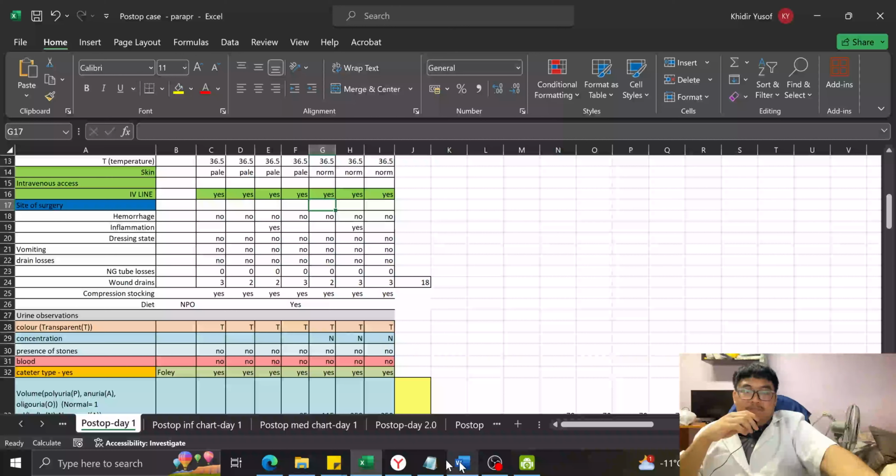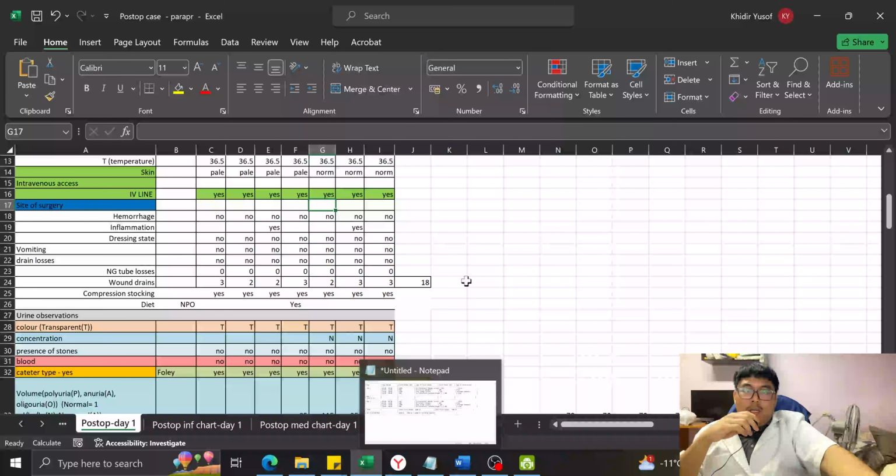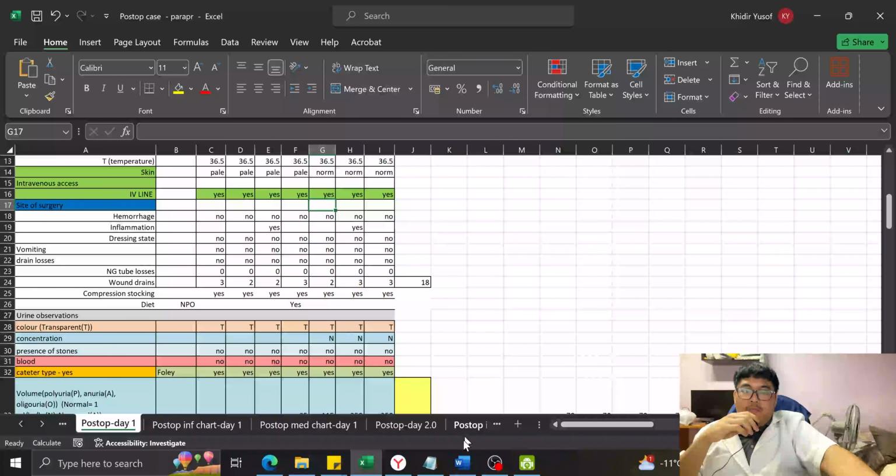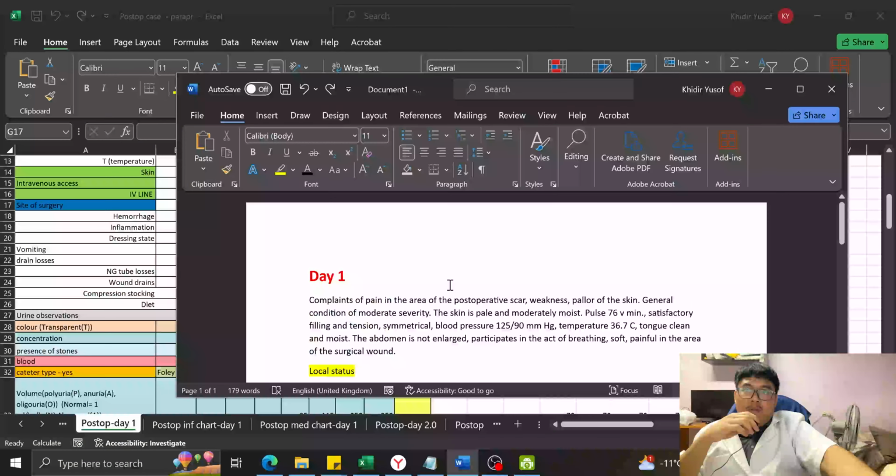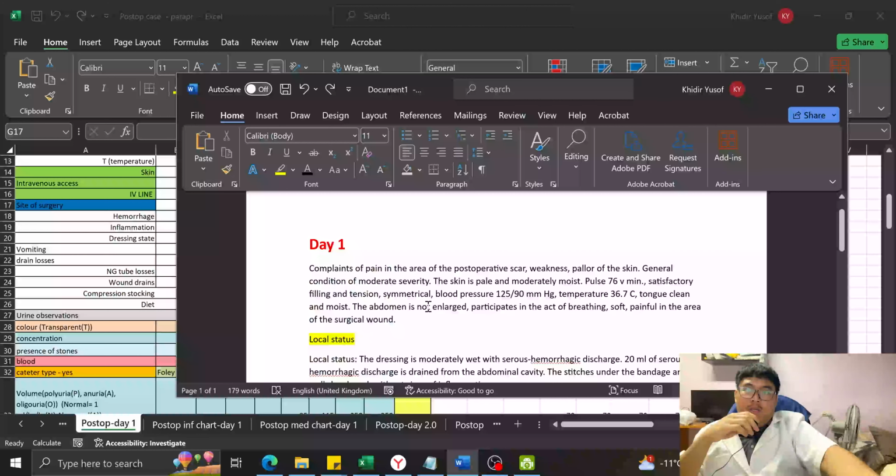And now we look at the first post-operative day. The patient has complaints after surgery: pain on the post-operative scar, pale skin, and a severe general condition.